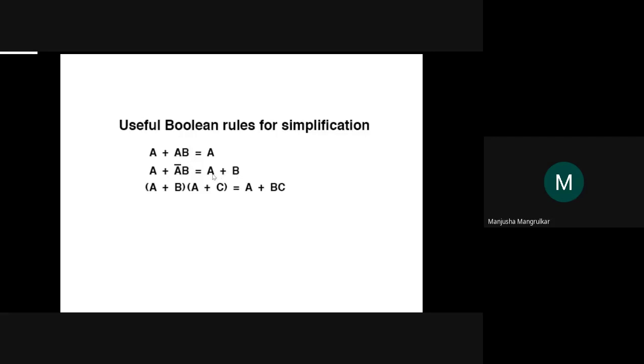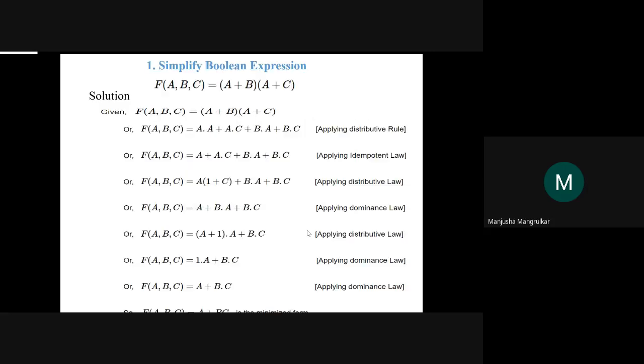So your result is A or B. If just the complement changes, it is A or B. How are you going to remember this theorem? That's why I'm explaining it. A or B ANDed with A or C: this A is common. A is common, so only A or BC. You will have to remember this. This is simplification by Boolean rules.